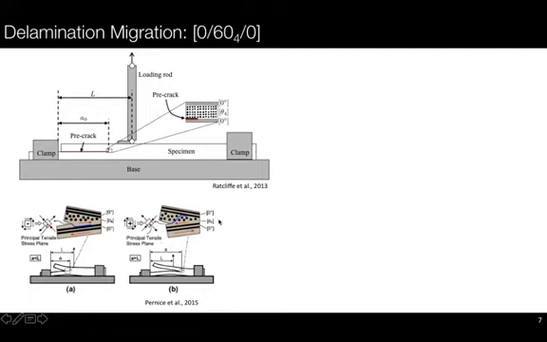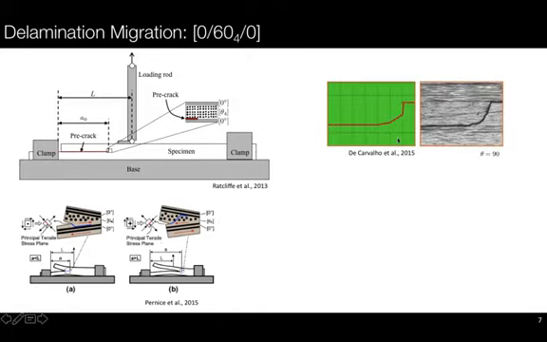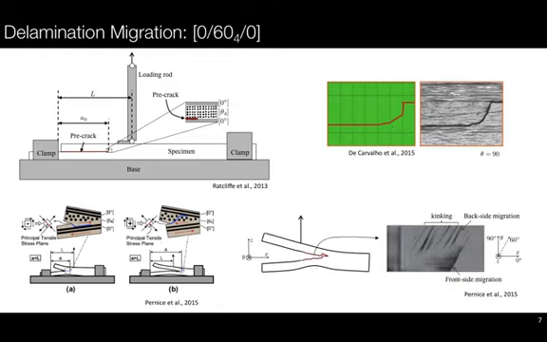When theta equals 90, then we have a two-dimensional problem, and in 2D, both simulation and experiments confirmed that there is a nice regular single migration crack. But when theta changes to 60, for instance, then this is an angle ply. What happens is that now your delamination migration is much less regular.